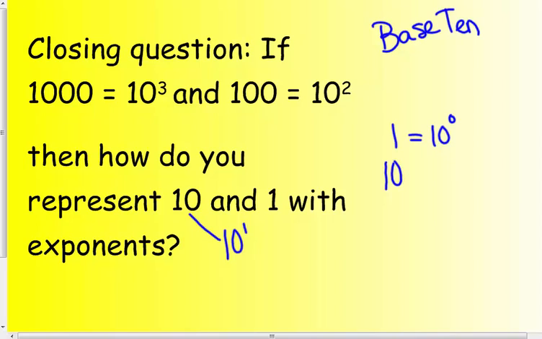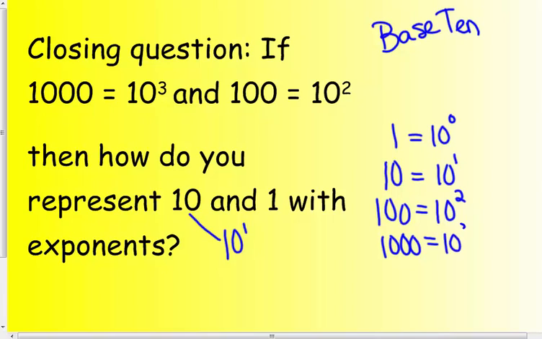The tens place value is 10 to the first. The hundreds place value is 10 to the second. The thousands place value is 10 to the third. The 10,000s, and you can keep going with this, that's 10 to the fourth. Do you see that there are no zeros in the ones place?